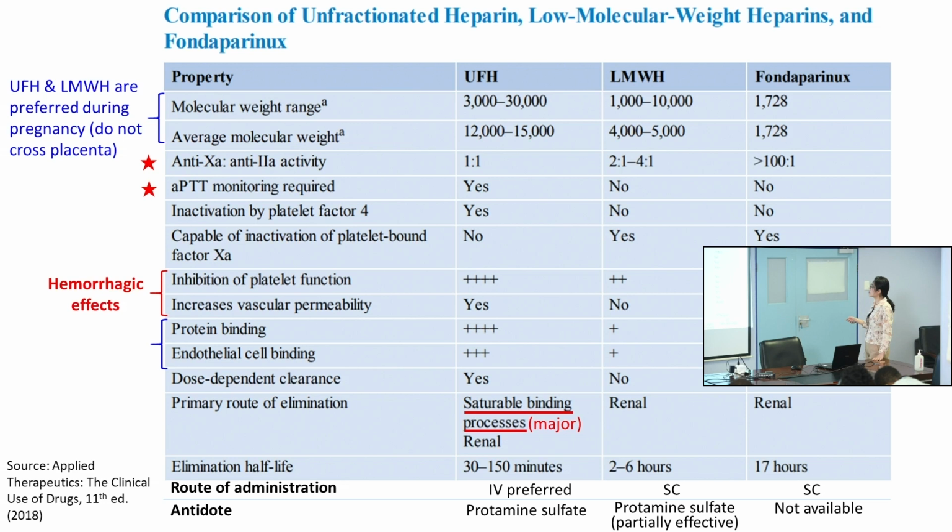But for low molecular weight heparin and fondaparinux, because they don't have such a problem, they can be given subcutaneously. So that is also very convenient. Okay, and for antidotes, one benefit about unfractionated heparin is that it has an antidote. The antidote is protamine sulfate at the bottom. However, for low molecular weight heparin, protamine sulfate is only partially effective. But for fondaparinux, there is no antidote.